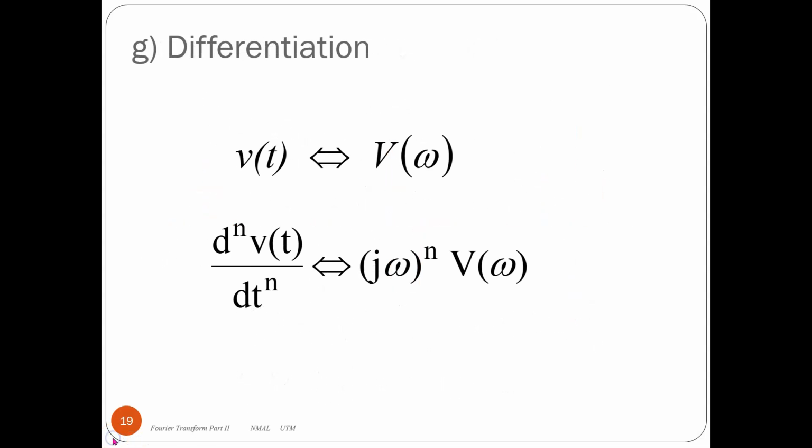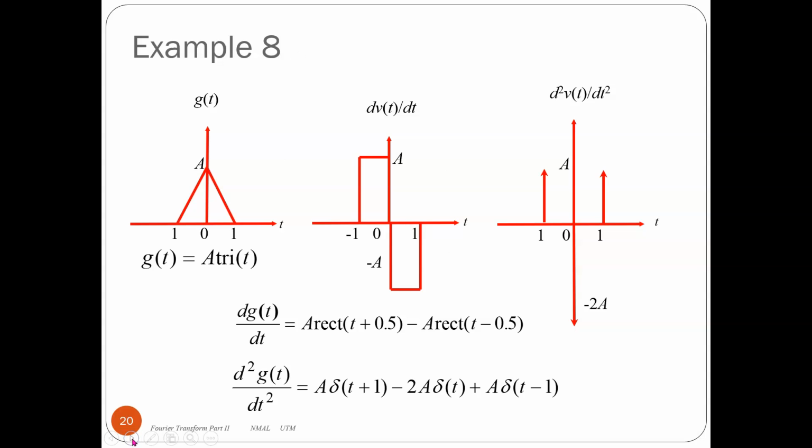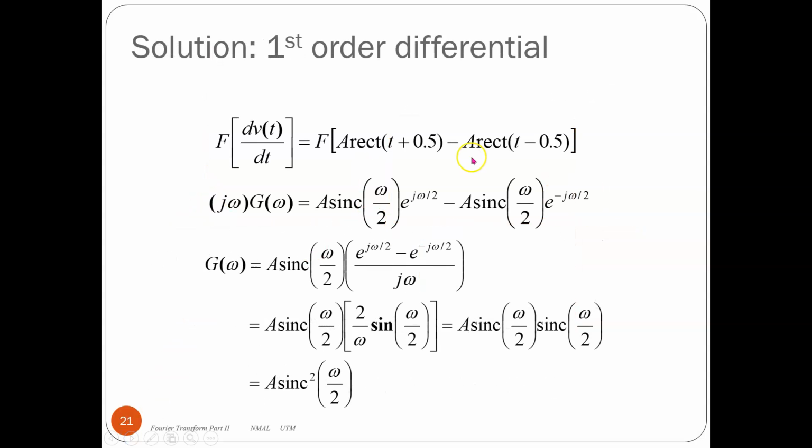Refer back to the formula here. For the first order, this n should be only 1. You multiply by V(omega), and in this case V(omega) is given as this, a sinc. So G(omega) here is actually this function divided by j omega.